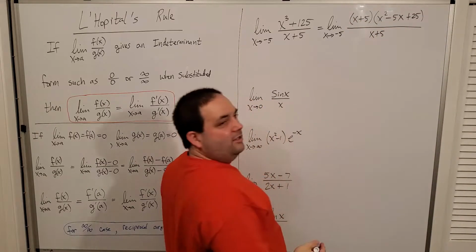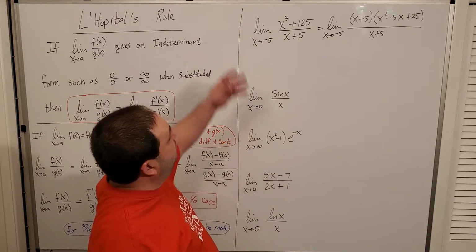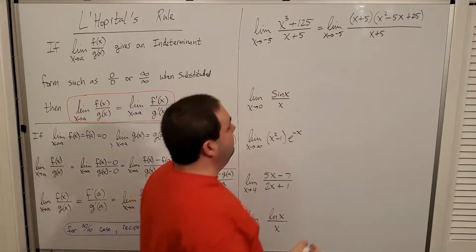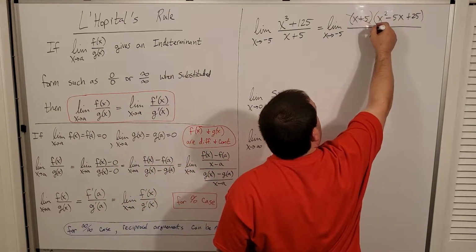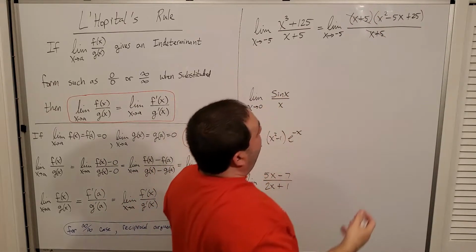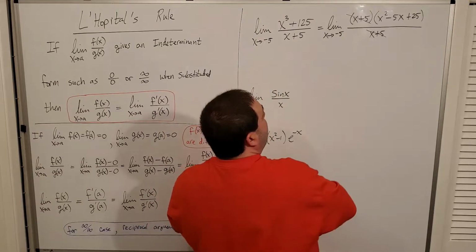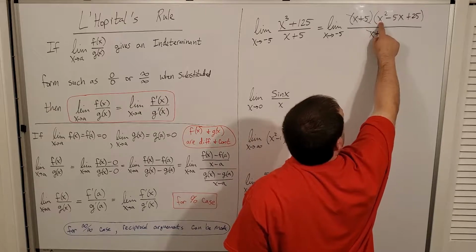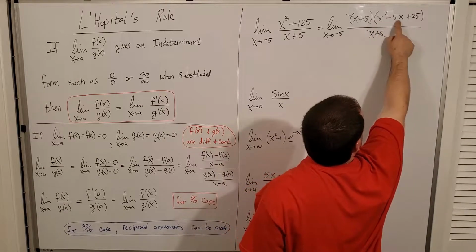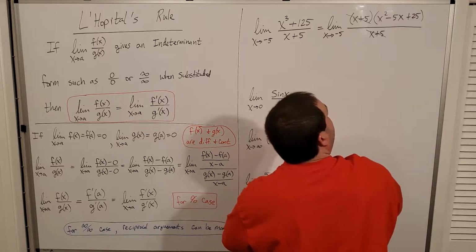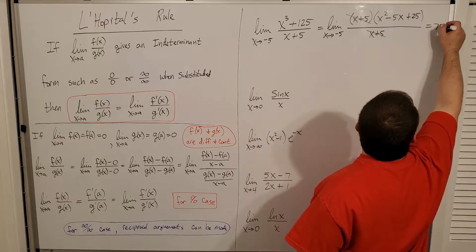All I did was factor, the sum of two cubes factoring method, and then that allows us to reduce this. And then what's left over, I can plug the -5 into. So I get -5 squared is 25, -5 times -5 is 25, 25 plus 25 plus 25 is 75.